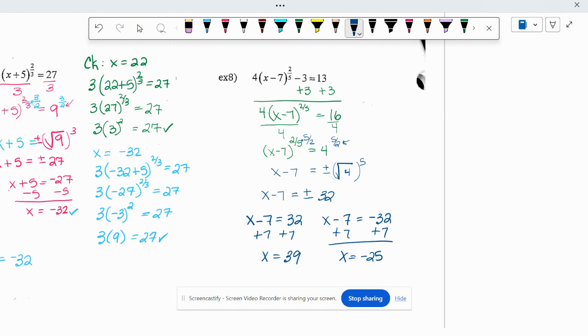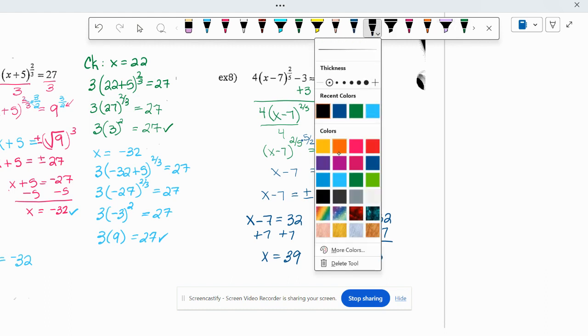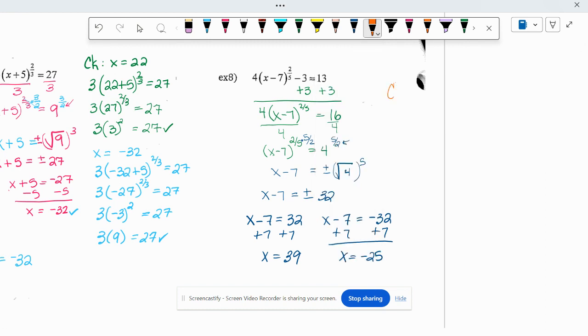All right, we have to check both. We have to check them both. So let's check the first one. So we're going to check x equals 39. So I have 4 times the quantity, 39 minus 7 to the 2/5 power minus 3 equals 13. Well, let's see, 39 minus 7 is 32.